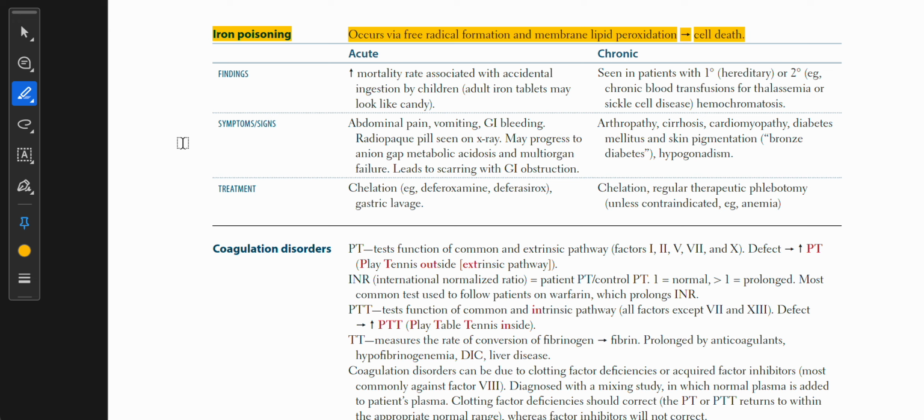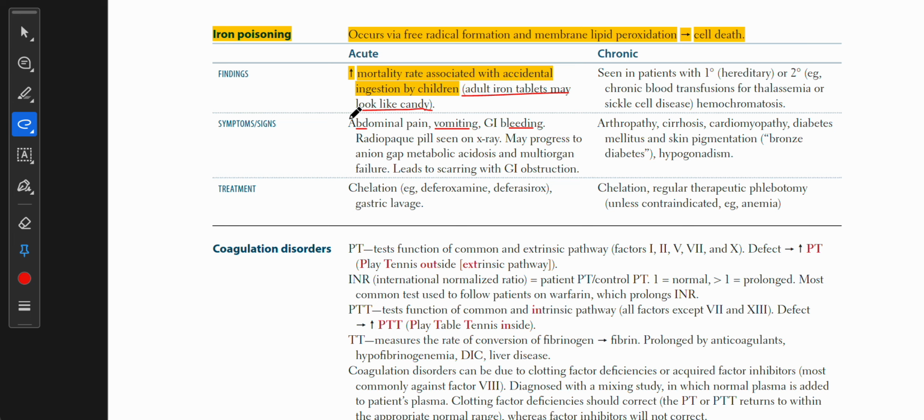Acute findings: in acute iron poisoning, there is an increased mortality rate associated with accidental ingestion by children. Adult iron tablets may look like candy, so the children may tend to eat those. That will lead to the increase in mortality rate. The symptoms or signs are abdominal pain, vomiting, and GI bleeding.